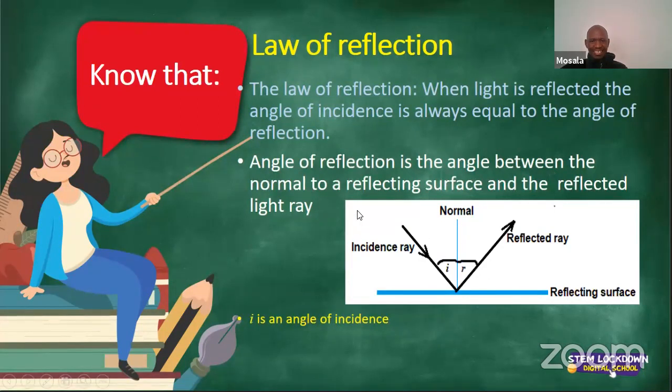Now the angle of reflection will be the angle between the normal and the reflected ray. This is the reflected ray. It is being sent back. This one, you already know, is the angle of incidence. This R will be the angle of reflection.